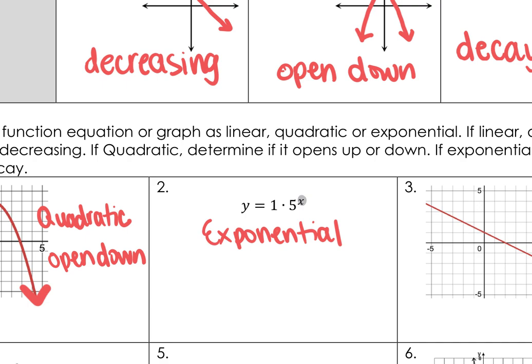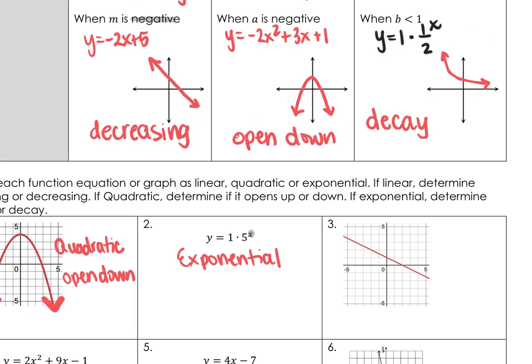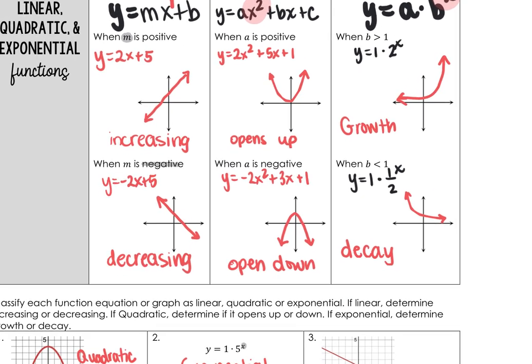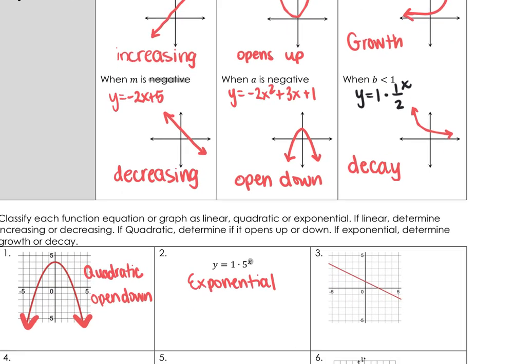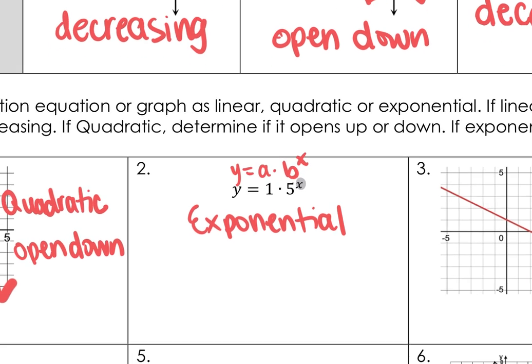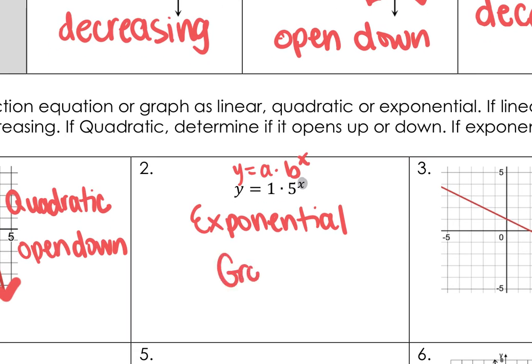Then remember, if it's exponential, we're determining if it is a growth or decay. So the b value, because remember this is y equals a times b to the x, that b value is 5, which is greater than 1. So that means that this is going to be a growth.